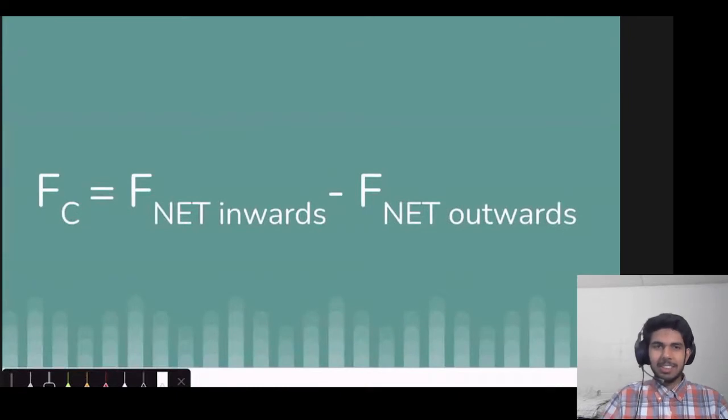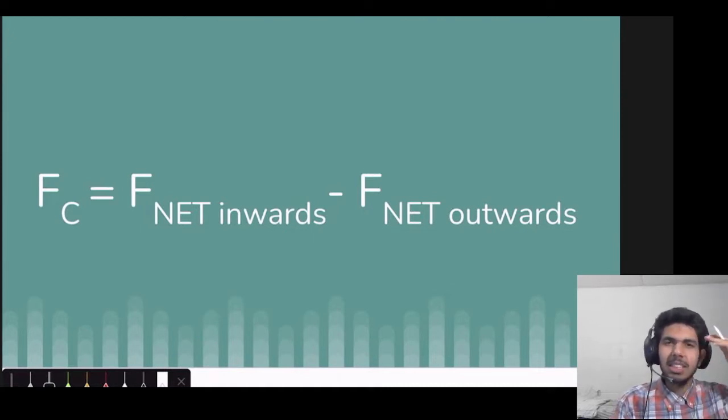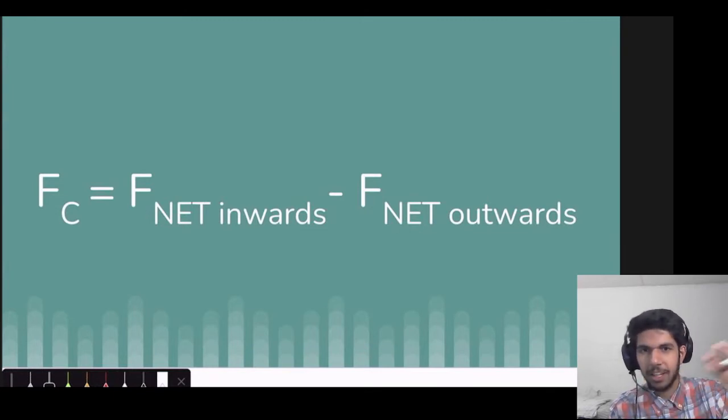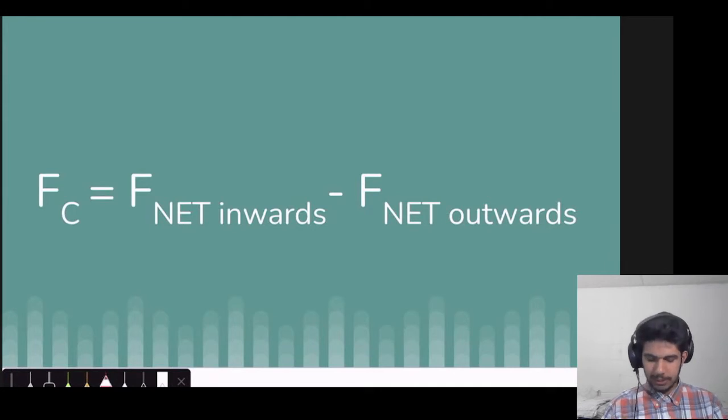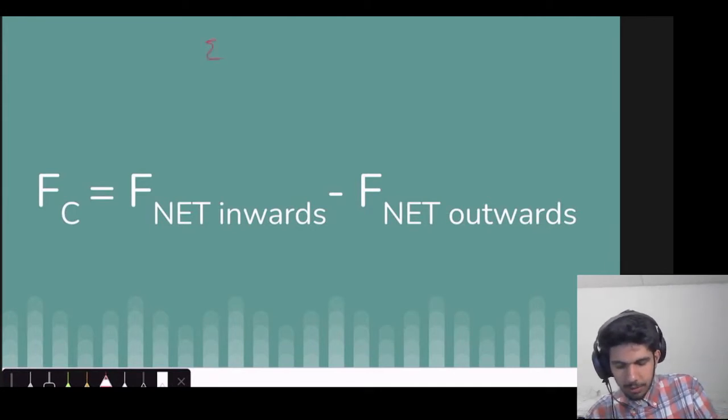So now I have this great formula in big letters, F sub c equals F net inwards minus F net outwards. So what exactly does this mean? Let's think back to when we were doing normal forces, not like F sub n normal force, but like the forces we're accustomed to in simple linear kinematics, linear motion, stuff like that. Ignore circles. When we sum the forces, like we used to do sum of the forces equals ma, and let's just look in the x direction.